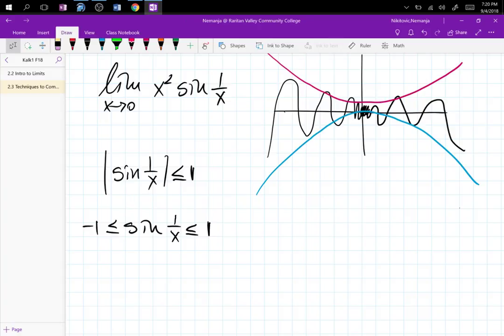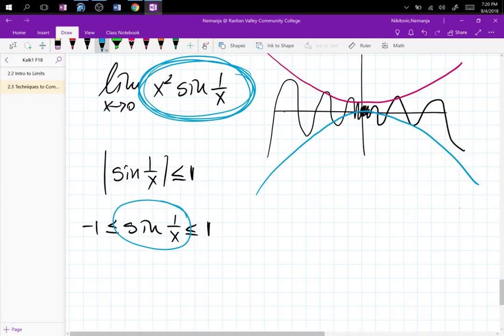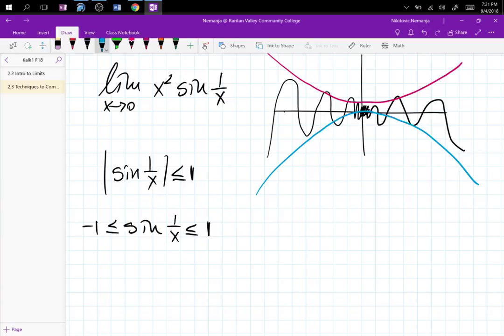Great. Compare this to this. Are they the same? Okay, what's different? X squared. So let's make it the same by multiplying all three sides by x squared.